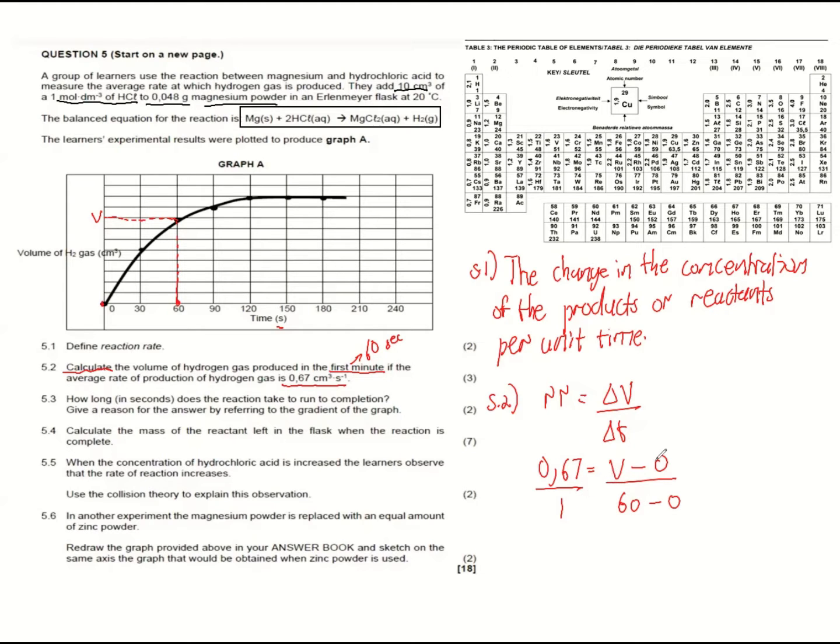V minus 0 is V, V multiplied by 1 is V, and we have 0.67 multiplied by 60, which gives 40.2 cm³. Since we are dealing with cm³, we might just as well leave it like that. So that's 3 marks: the formula, substitution into the formula, and the correct answer with the correct SI unit.